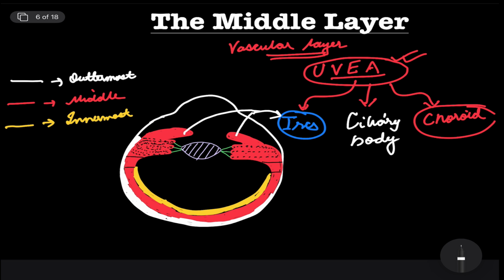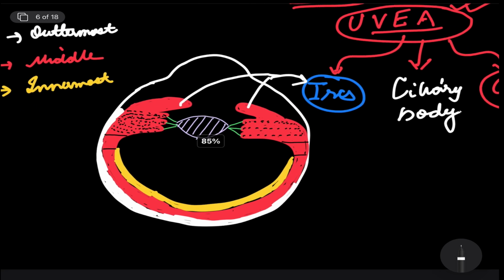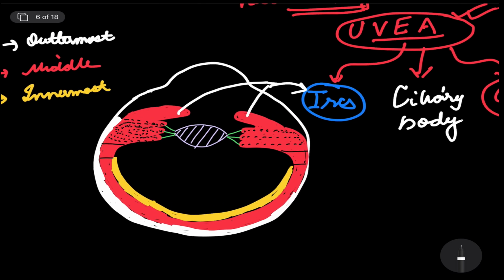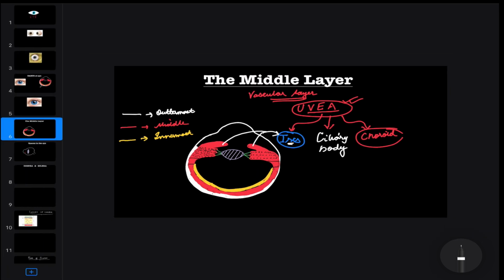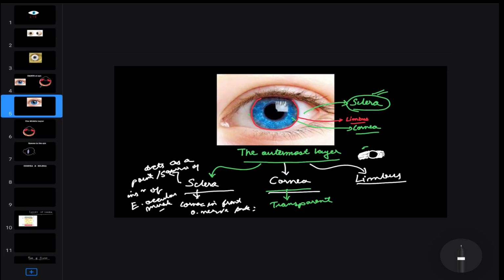Whatever I'll be labeling on the right hand side will also be evident for the left hand side as well. Now, see this iris. What exactly is this iris? Iris is a muscular layer and a pigmented layer as well. So that is why I have used blue here for labeling iris. See, this was the iris.